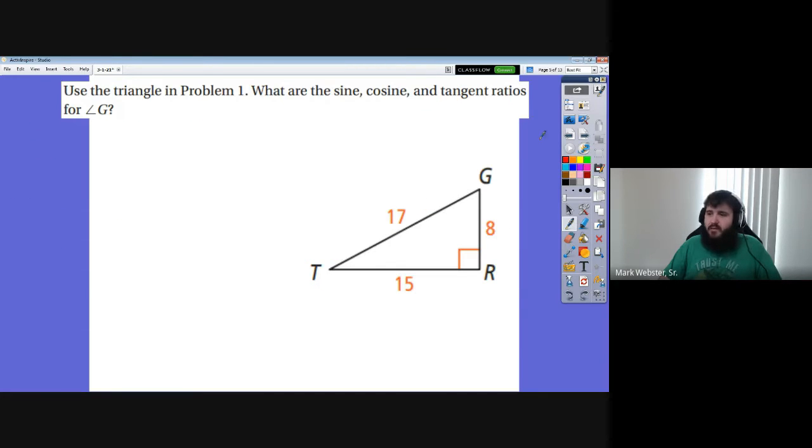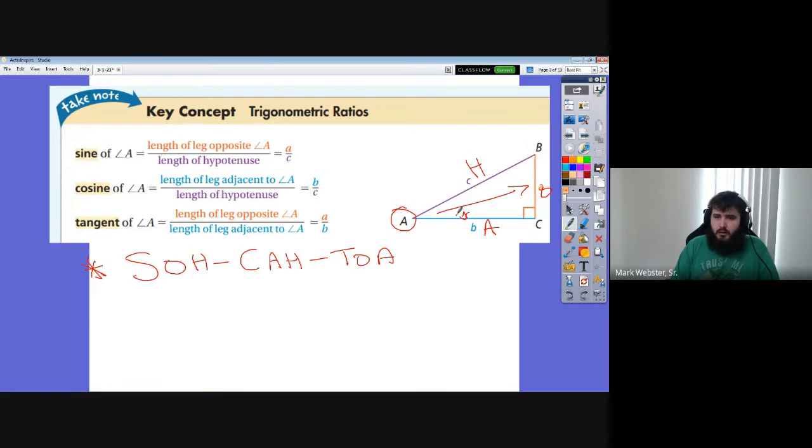We want to write the sine, cosine, and tangent ratios for angle G this time. All right. So the first thing that we should recognize is that G is up here. It's not down here where it's supposed to be, right? Our whole point is we want to be looking at this angle.